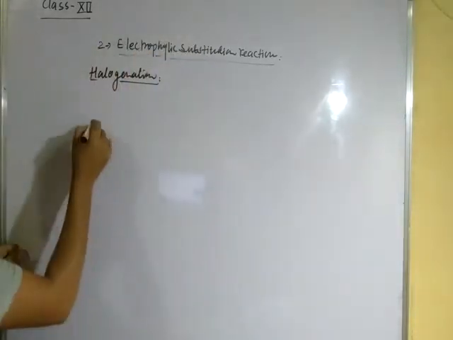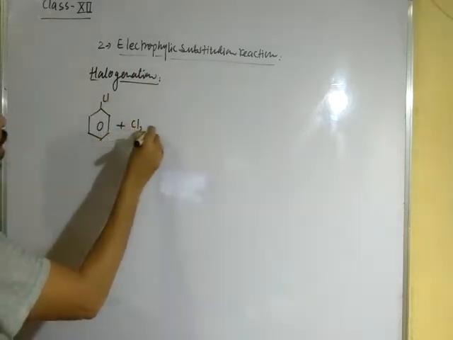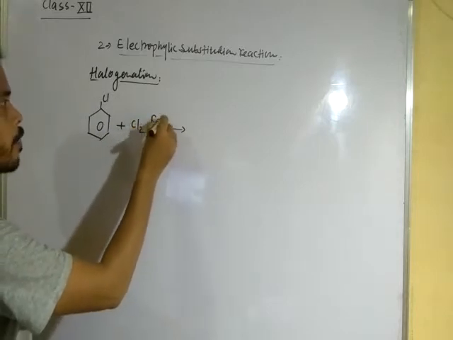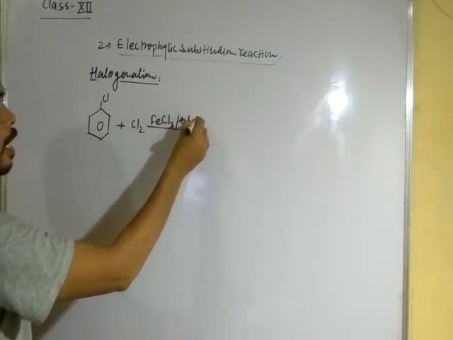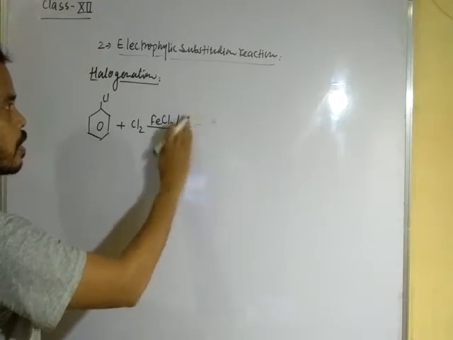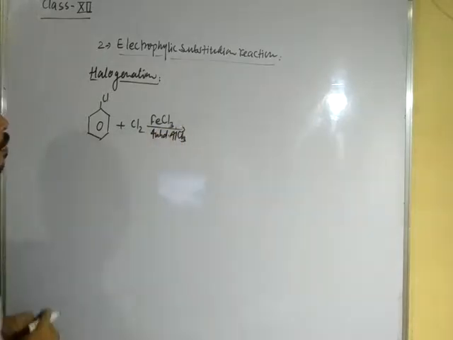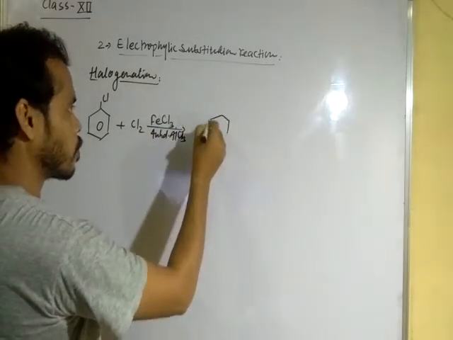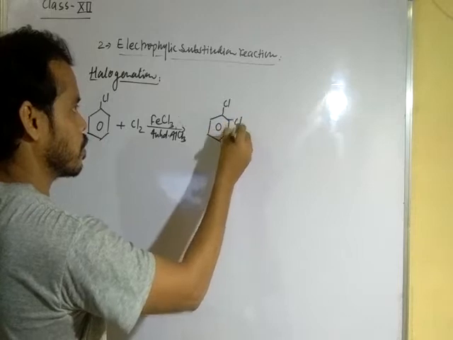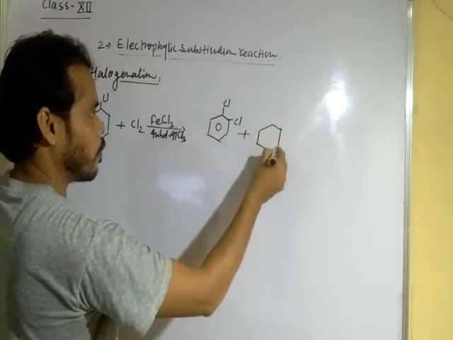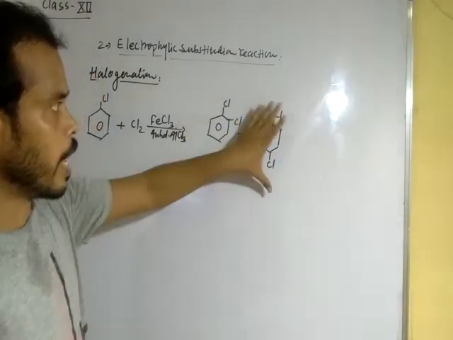Let us see how, when chlorobenzene is treated with chlorine in the presence of a halogen carrier like FeCl3 or anhydrous AlCl3, it forms orthodichlorobenzene and para-dichlorobenzene.